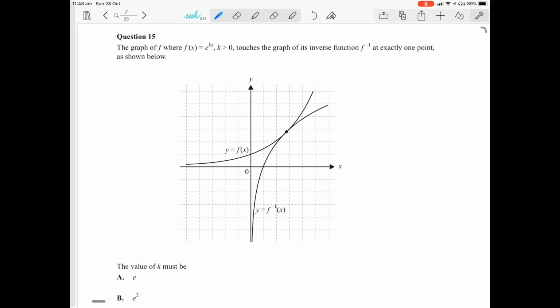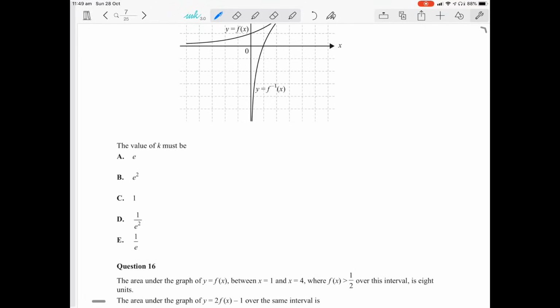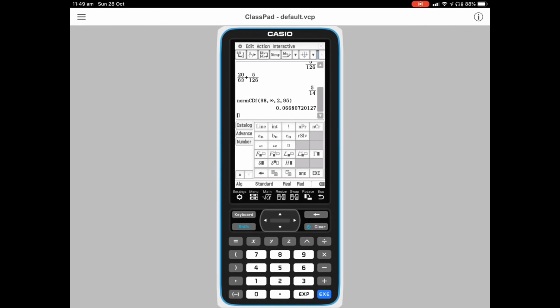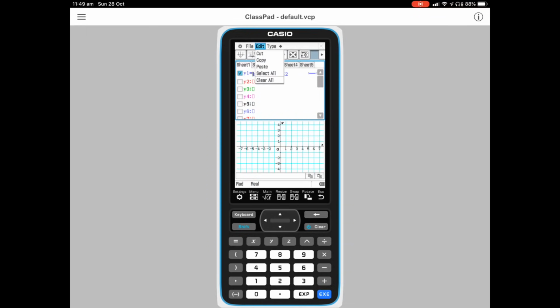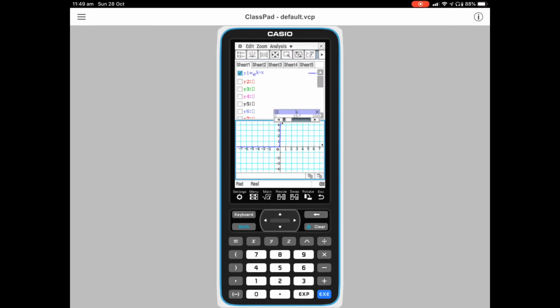Okay, y equals e to the kx touches the graph of its inverse at exactly 1 point as shown below. Okay, e to the kx and its inverse. So I can sketch e to the power of k times x.